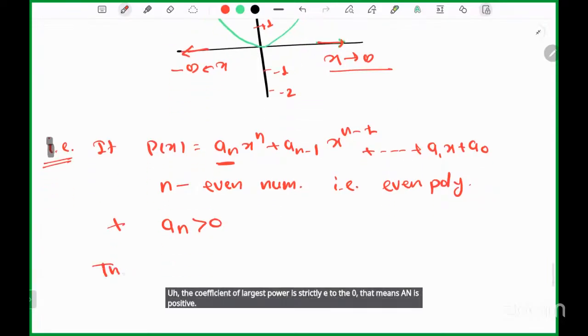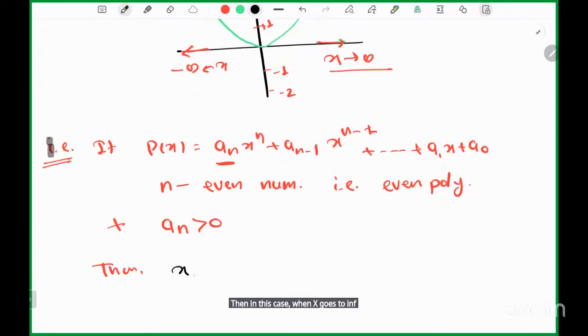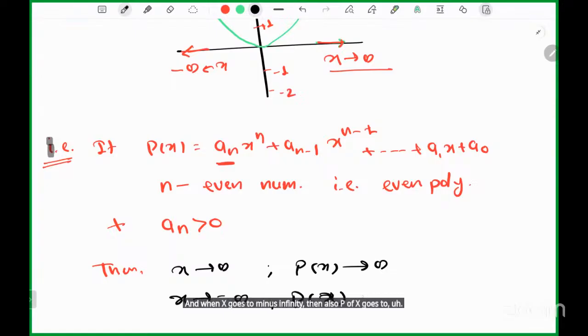Then when x goes to infinity, p of x goes to infinity, and when x goes to minus infinity, p of x also goes to plus infinity. Right? So this is the fact.